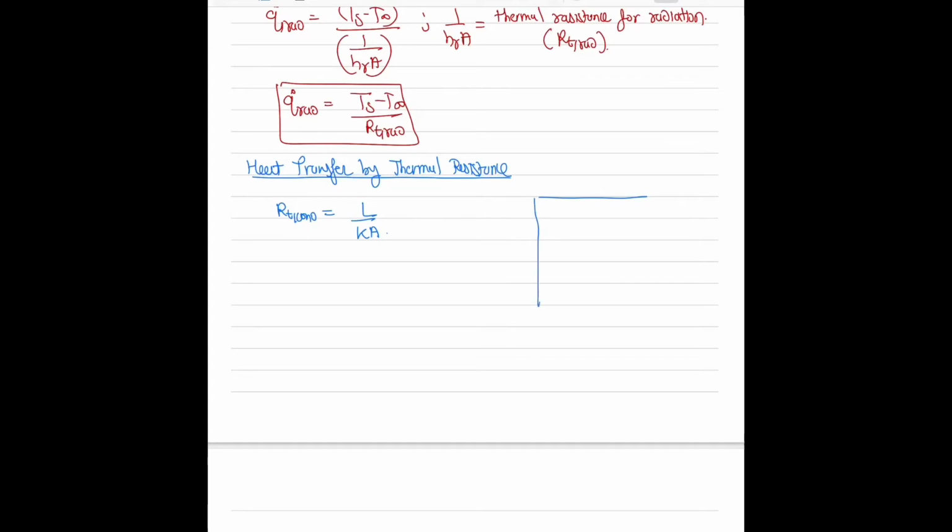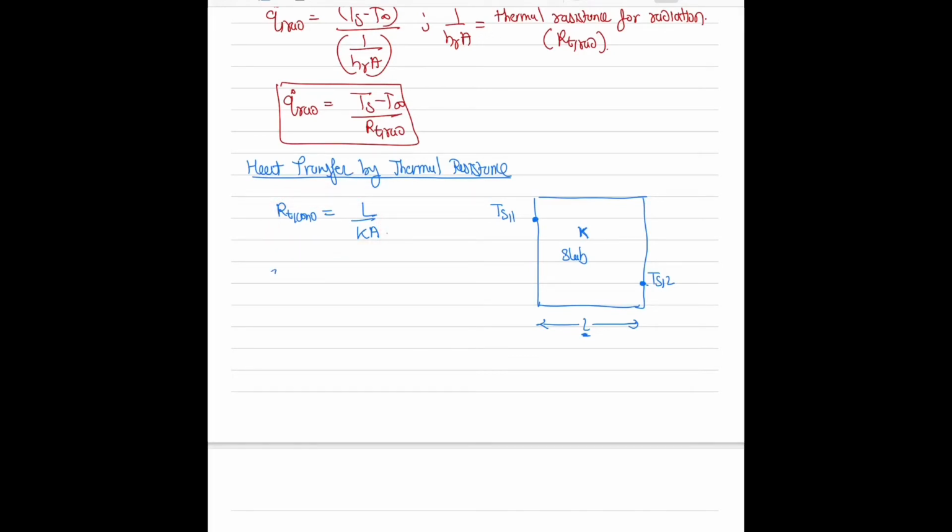So in my case, I have my plate or slab of length L. At one end it has a temperature of Ts1, and at the other end it has a temperature of Ts2, and it is having a thermal conductivity K. So I know my temperature, its thermal conductivity, and its length. So I can find its thermal resistance.